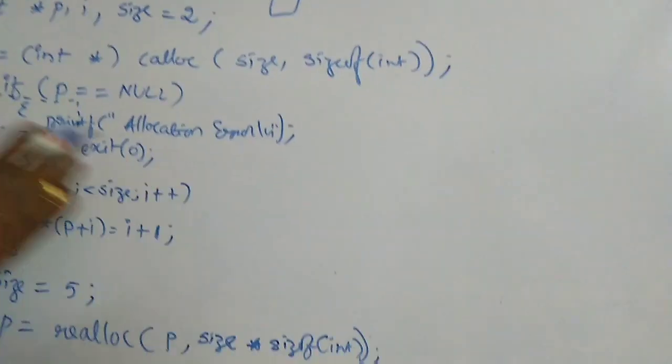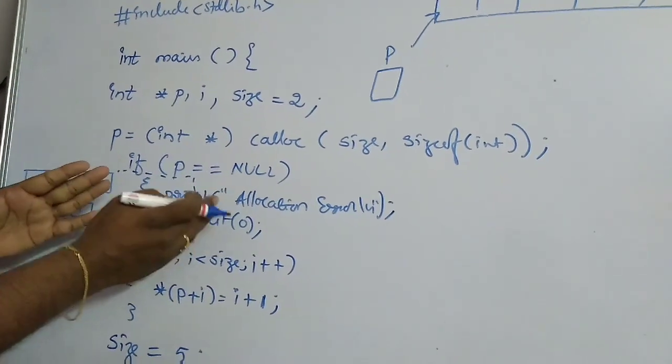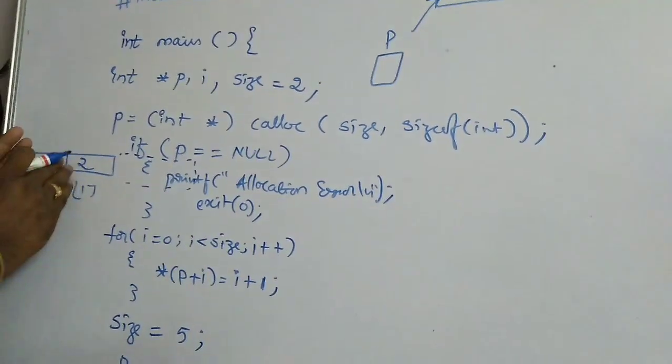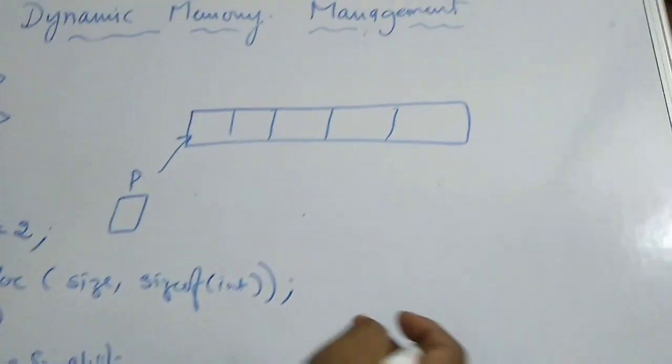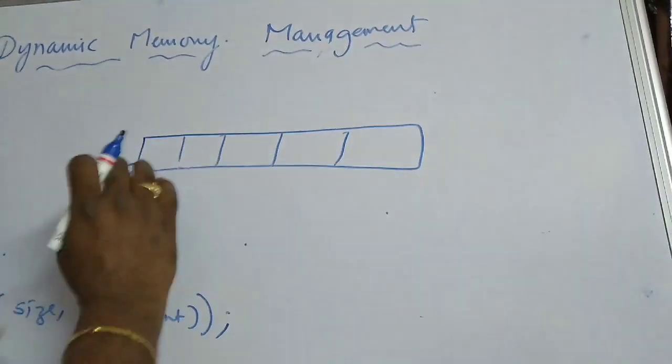So if the space is available, the next 3 memory locations will be added to this. That means the entire 5 elements can be created here. If the memory is not free here, an entire new location will be taken, and there it creates an array with 5 elements.